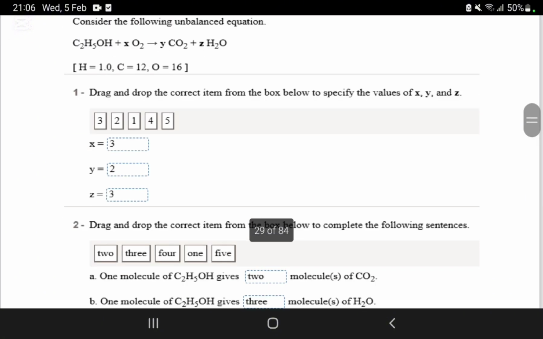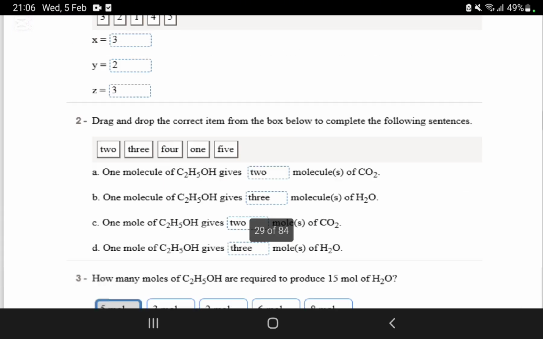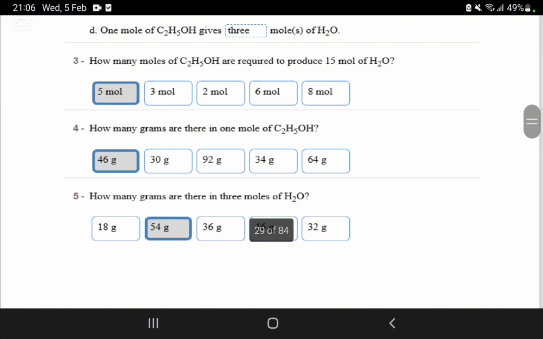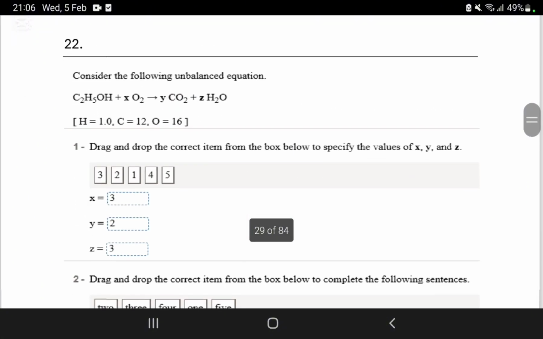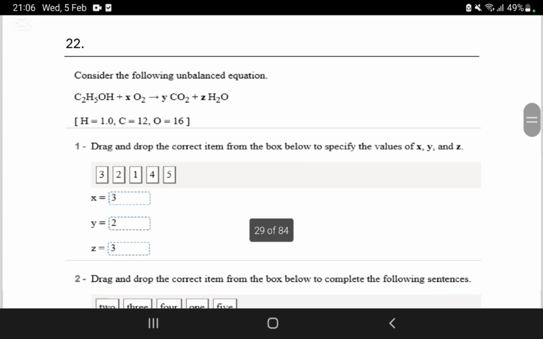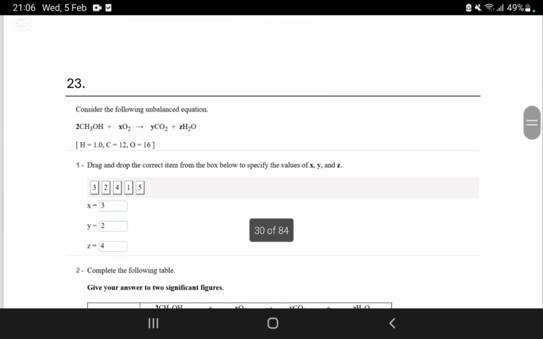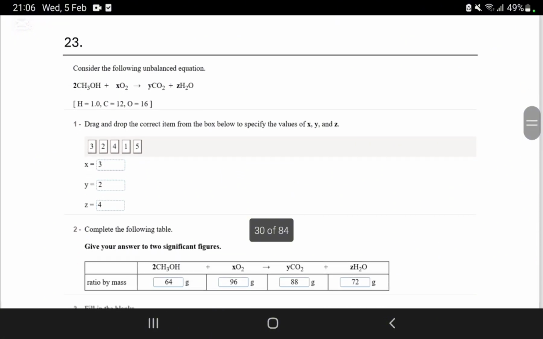So to find the grams also, all we're gonna do is to find the molar mass, which is 24 plus 6 plus 16, which is 46, okay. Then 3 moles of H2O. Okay, so we're just gonna do 18 times 3, like molar mass times the moles.